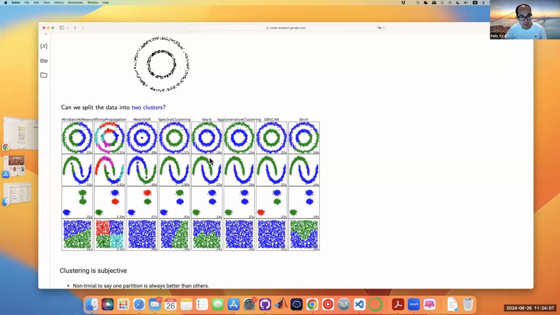Just by looking at this behavior, you can see DBSCAN actually behaved the best. DBSCAN can correctly cluster all four of these data sets. For example, this one is an inner circle and outer circle.